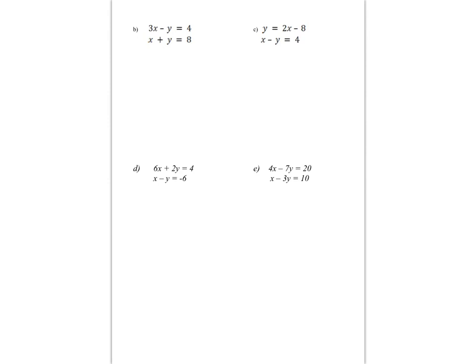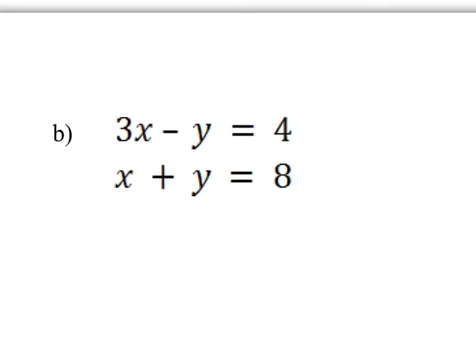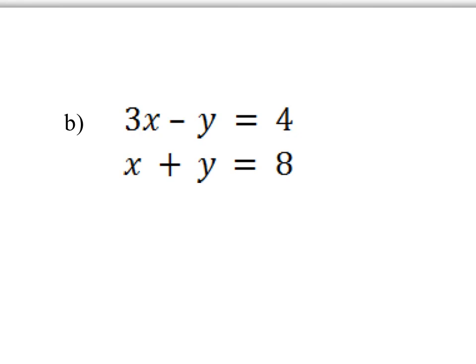Now on this next page, you have 4 examples here. The 4 examples are the same as the ones that we just did. So they're very similar. So I'll be choosing a variable that has a 1 in the front. Now what I want to make clear here is if I look at this example for B, you might be tempted to isolate for this variable right here, which has -1y for step number 1. Do not do that.